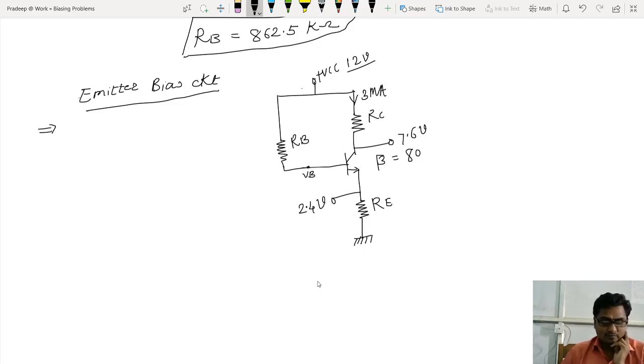What do they want us to calculate? First thing is RC, the collector resistor. Second is the emitter resistor, RE. Third is RB.